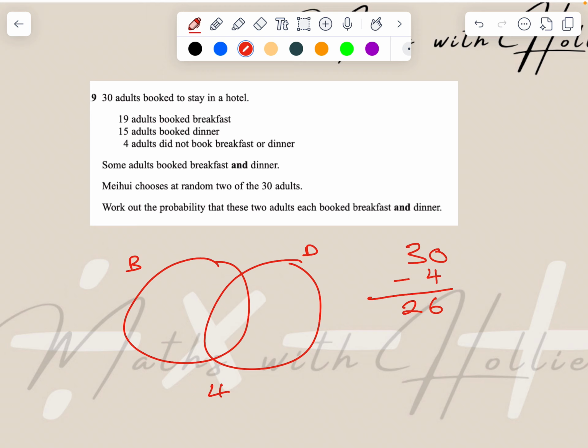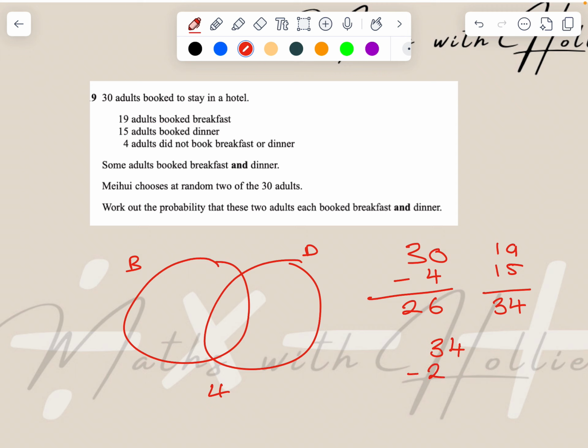Then if you look, 19 booked breakfast and 15 booked dinner. If we add the 19 and the 15 together, that's going to give us 34, which is more people than we started with. So that means the overlap in this section has to be who booked both. There's 34 if we added them together, but we're double counting some people.